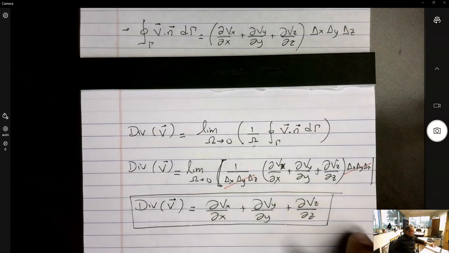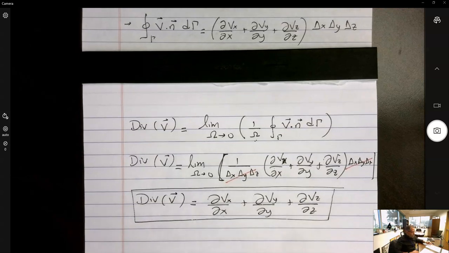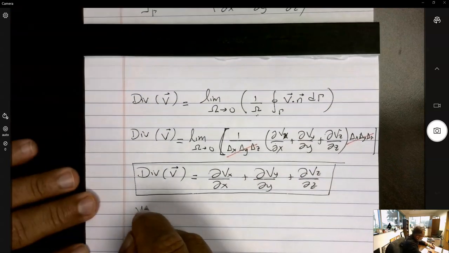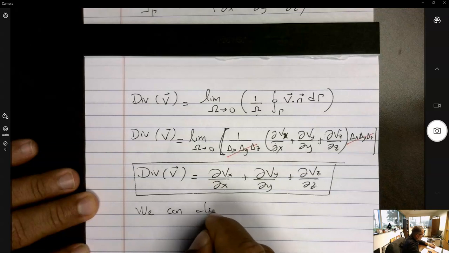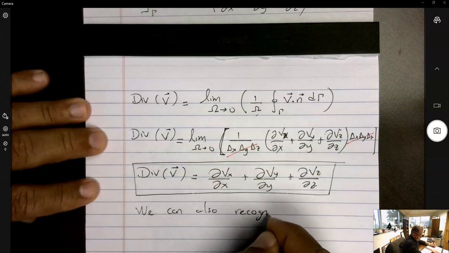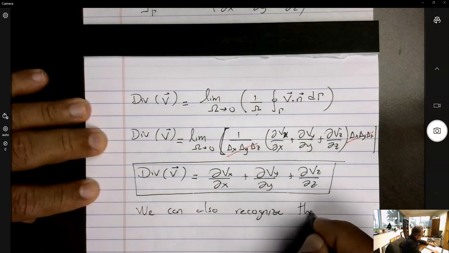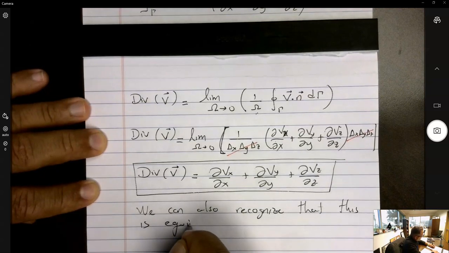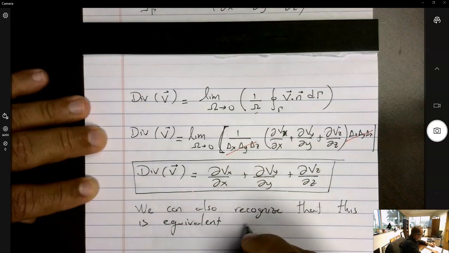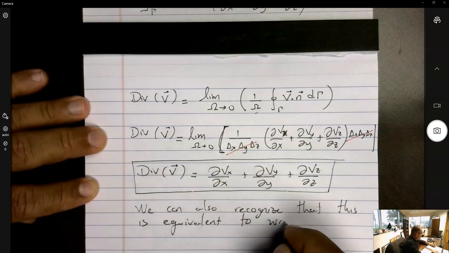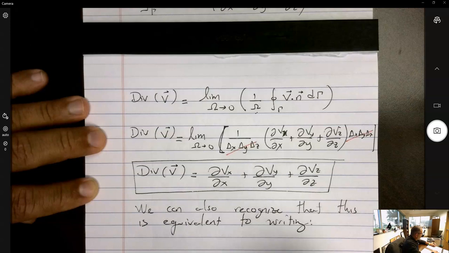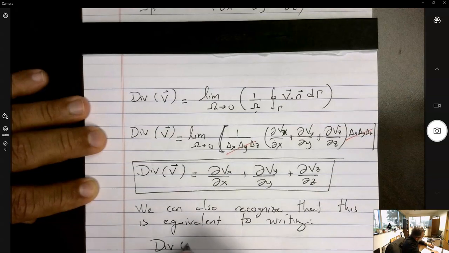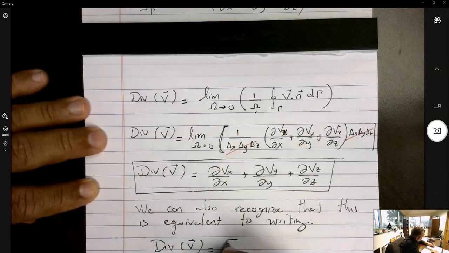So we can also recognize that this is equivalent to writing the divergence of V is equivalent to del dot V.